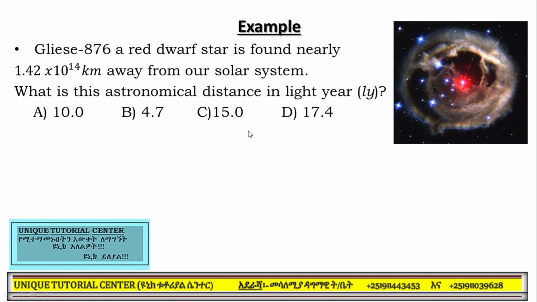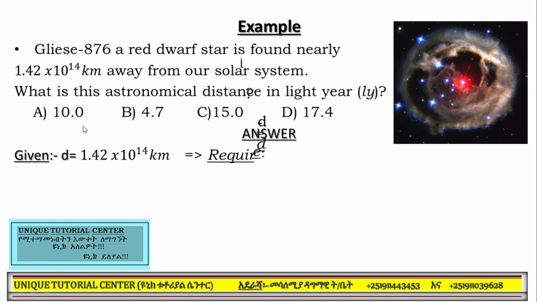Now let's try to solve it together. What are the given variables? The given and required variables are: the distance between the Gliese 876 red dwarf star and our solar system is 1.42 times 10 to the power of 14 kilometers. Our question is to convert this astronomical distance in kilometers to the astronomical distance in light years.